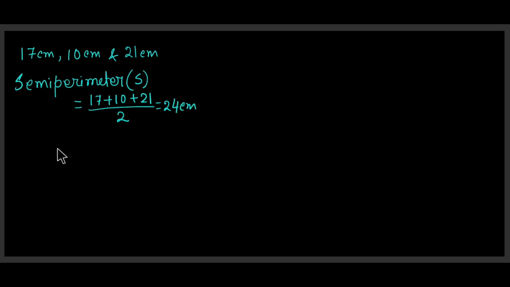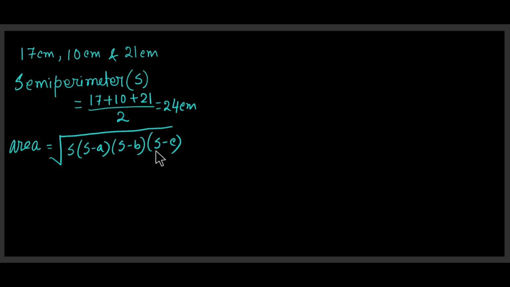So clearly we have to apply Heron's formula to find the area of the triangle. So area of the triangle is root over s into (s minus a) into (s minus b) into (s minus c), where a, b, c are the sides of the triangle.